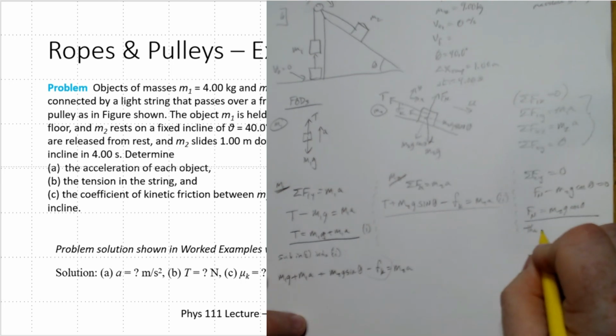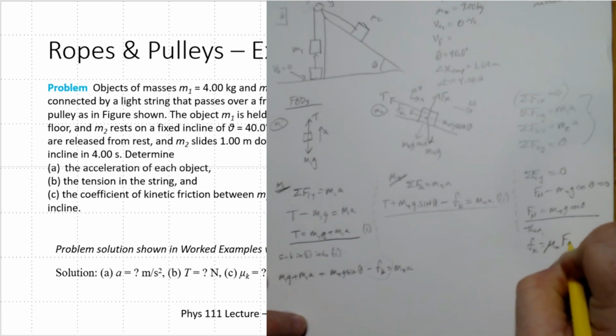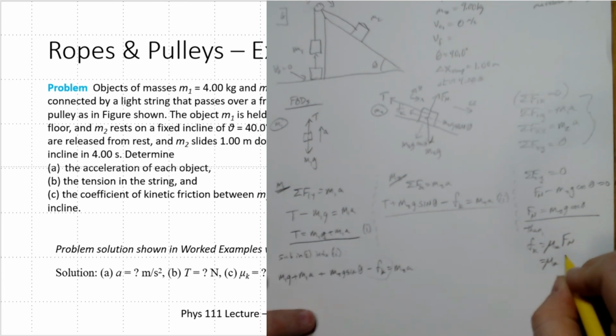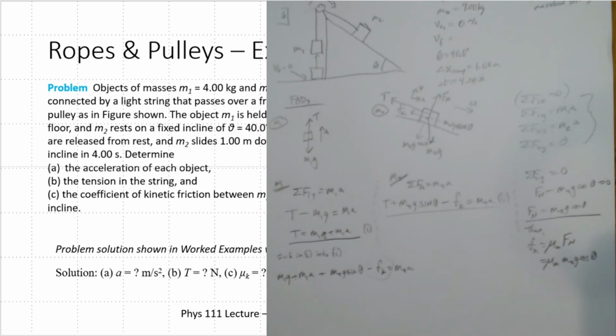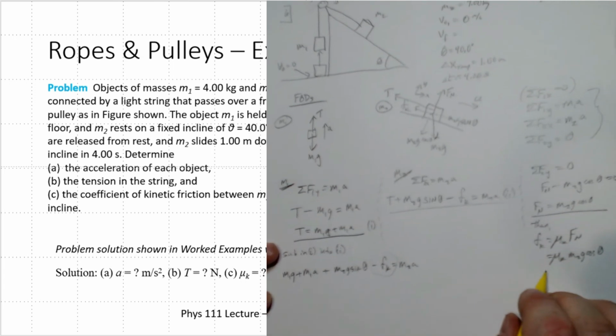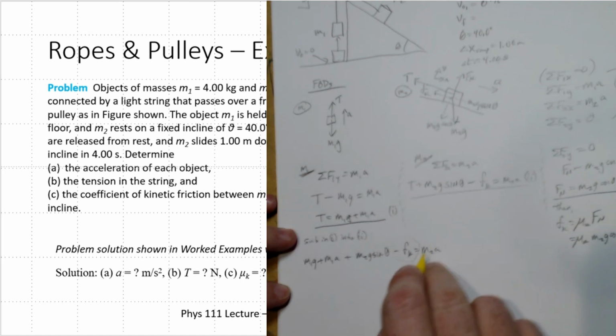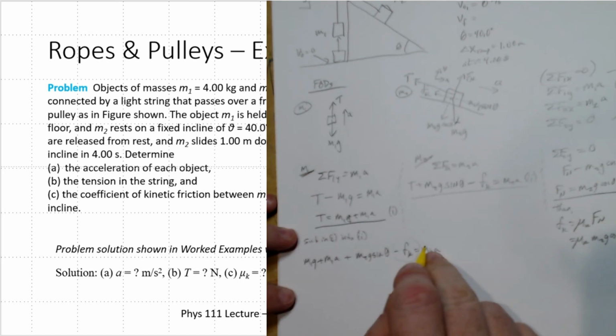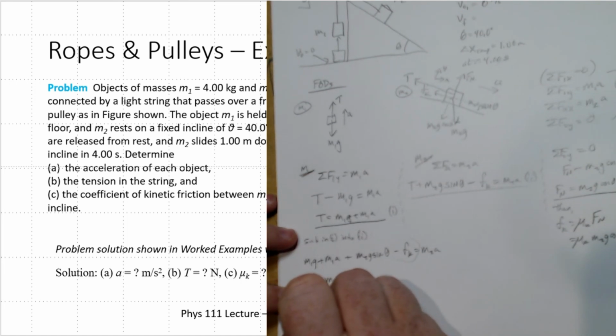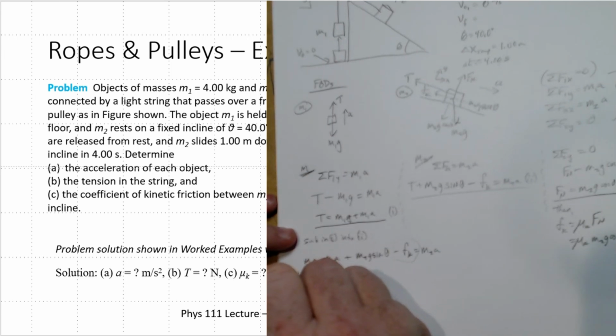Then we know that the kinetic friction is mu k normal force, or mu k m2g cos theta. A lot of terms here. Don't forget your terms. Don't miss anything when you're rewriting. I'm going to move everything over to the one side and all the accelerations onto this side. So this will be m1 minus m2. So I'll write algebra.